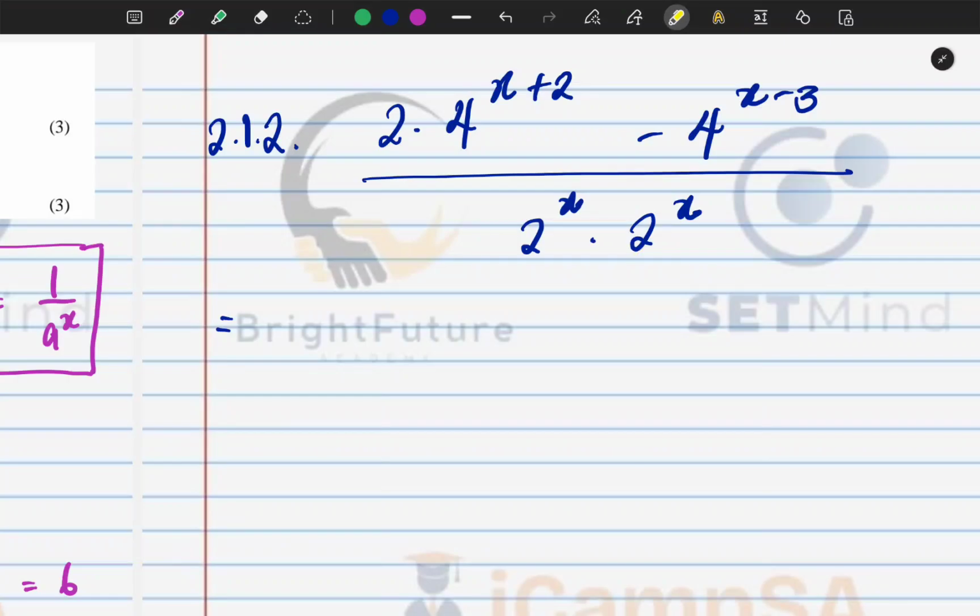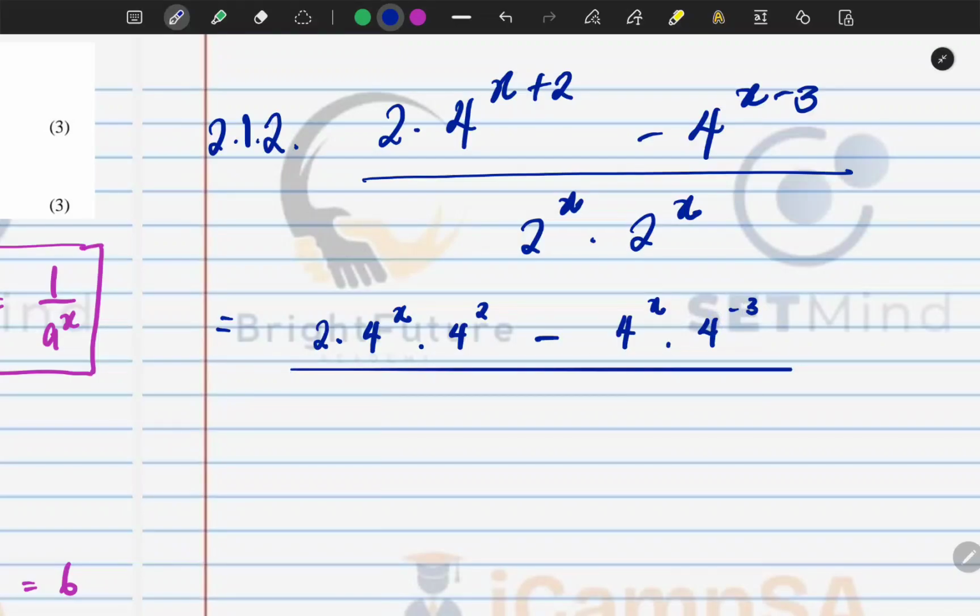So I'm going to try and break this down. It's going to be 2 times 4 to the power of x times 4 to the power of 2, minus 4 to the power of x times 4 to the power of minus 3.